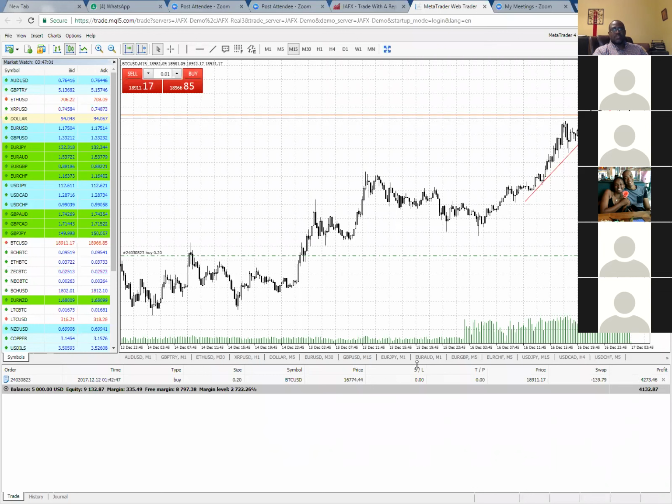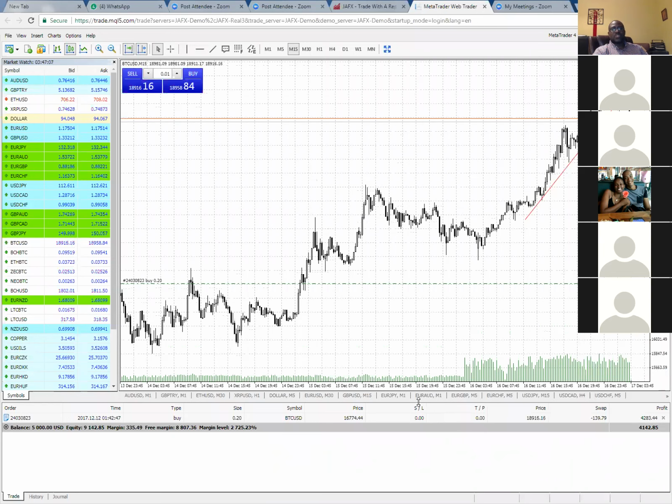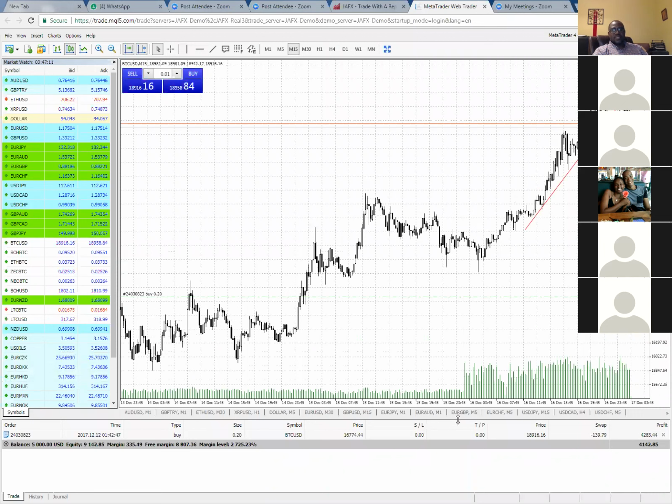Now, when I stepped into the market, there was a decline, but the account size was large enough to sustain the decline. If this account was not a $5,000 account, it could have gotten blown when Bitcoin pulled back on the date that we stepped into the market.